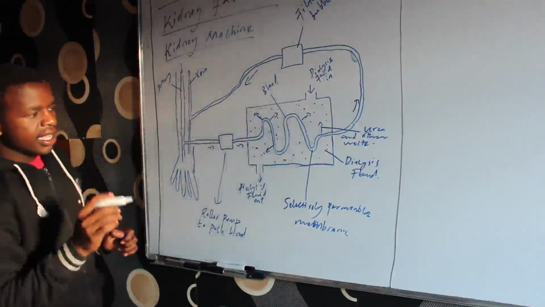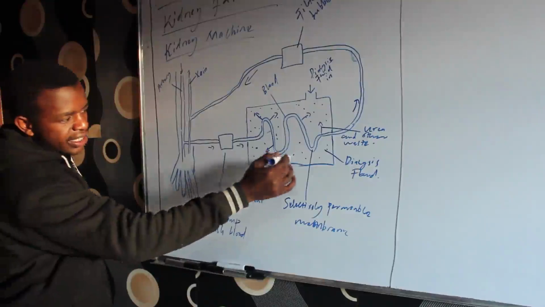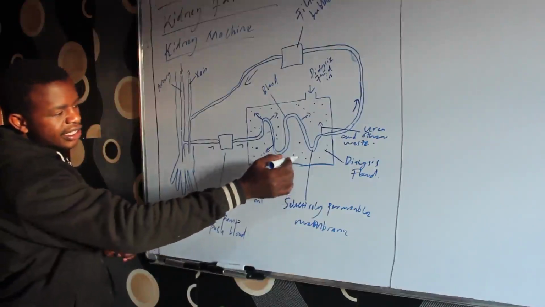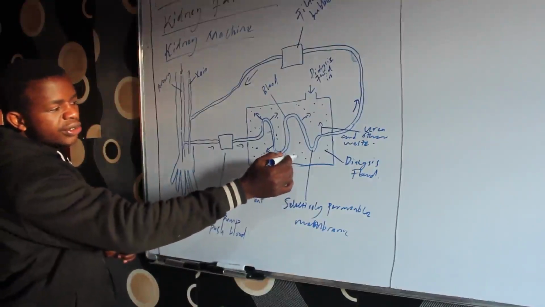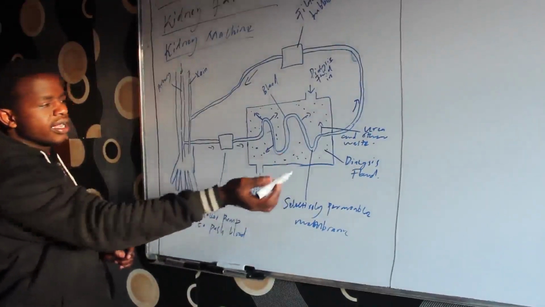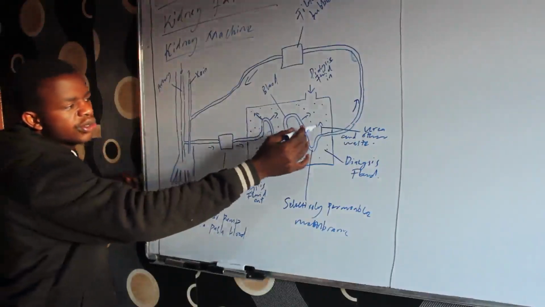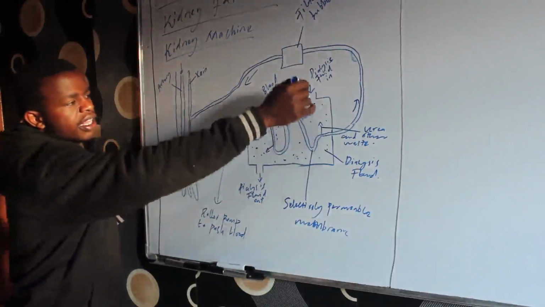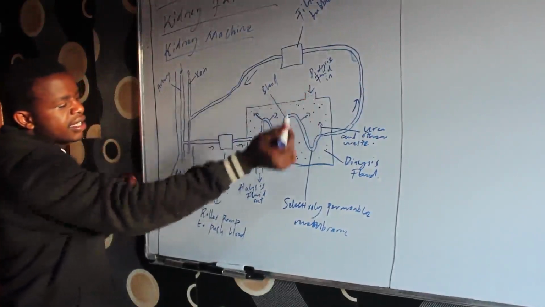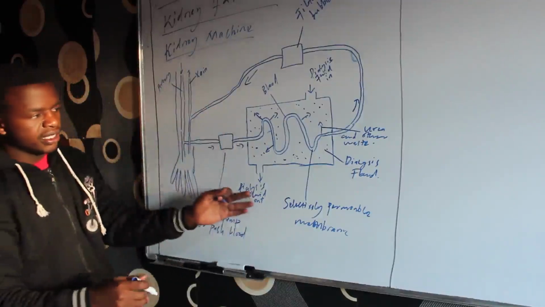Then some of the things that you're supposed to know is that the dialysis fluid here does not contain urea. And due to the absence of urea, as blood flows through the tube, urea is going to go out of the tube into the dialysis machine, and from the dialysis machine it's going to go out of the machine.